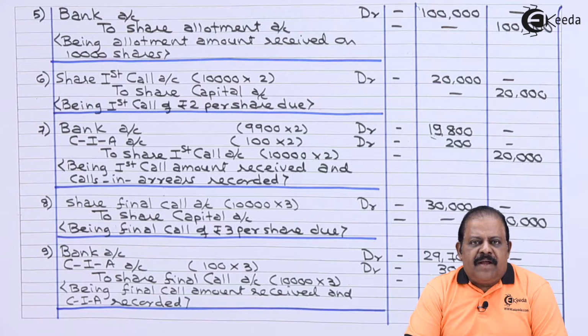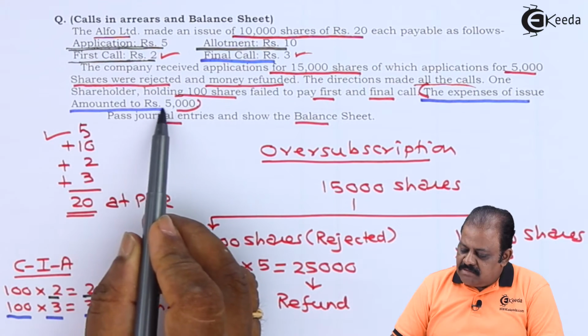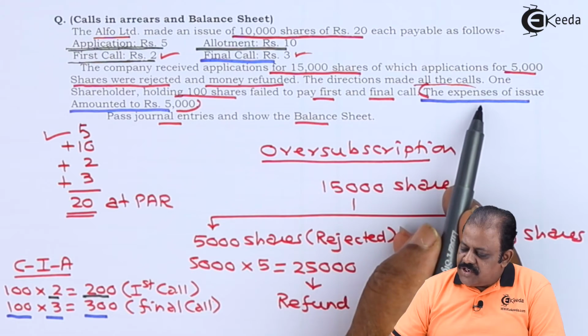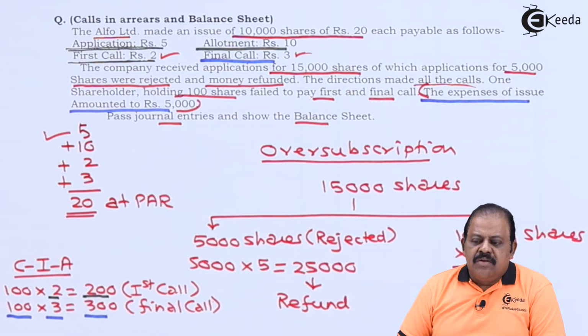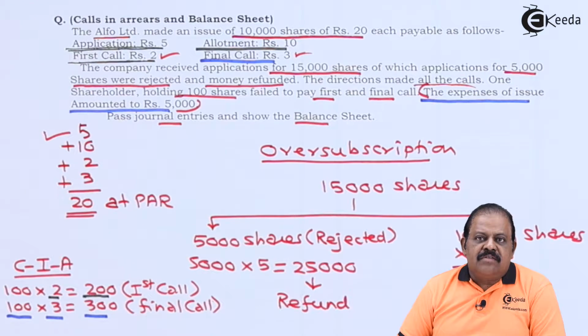Let us prepare balance sheet with this information. The expenses of issue amounted to rupees 5,000. This is additional information we have in the question. So we are required to record this payment of rupees 5,000.